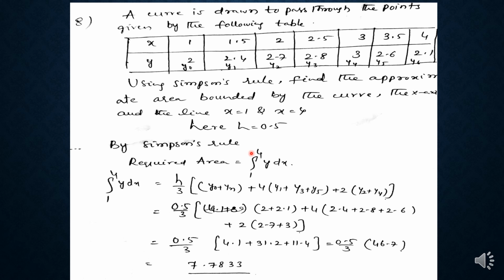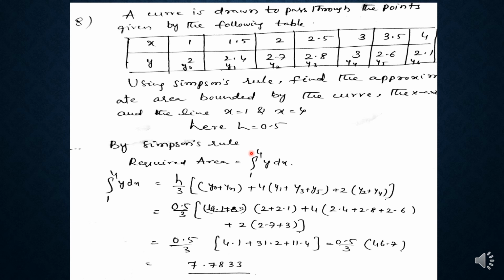Then find the values of y at x equal to x0, x1, x2, x3 up to xn, and denote the y values or ordinates as y0, y1, y2, y3 up to yn respectively. Then substitute these values in the trapezoidal rule and simplify.